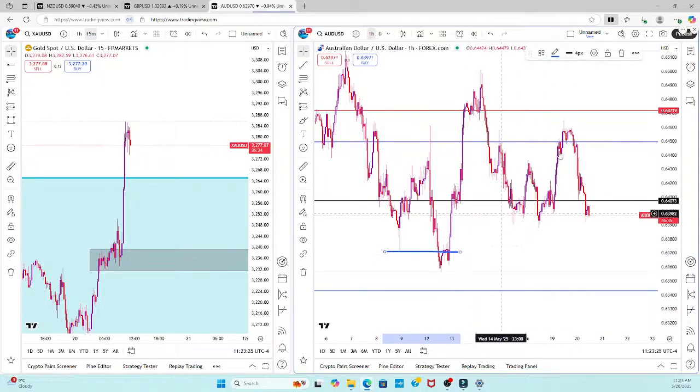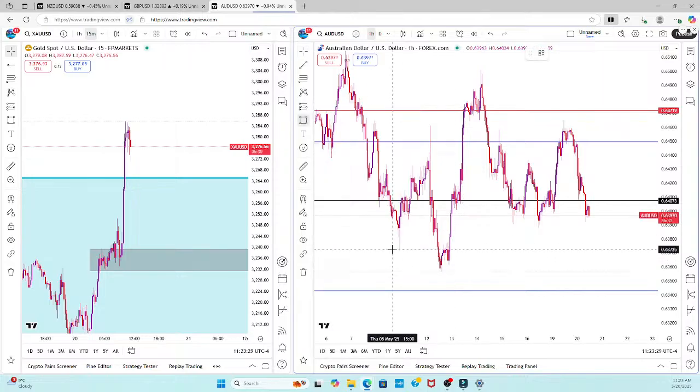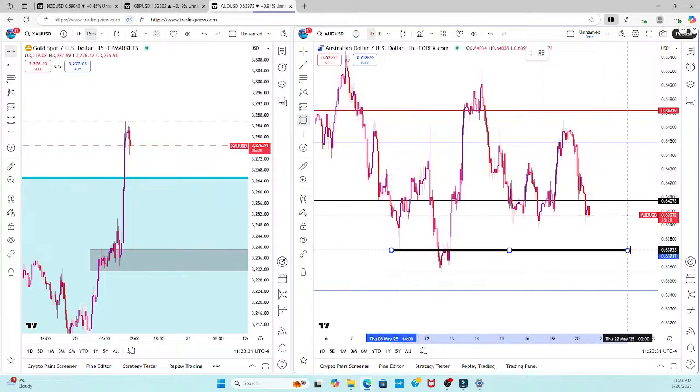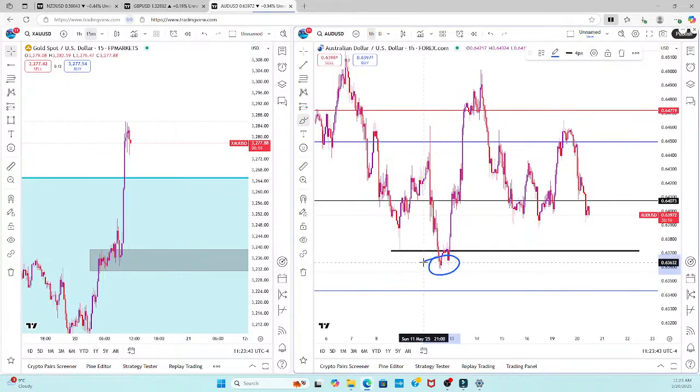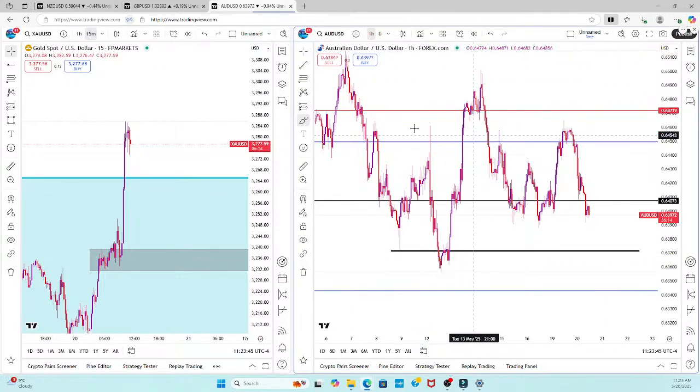Let me mark this somewhere. So the current low for this downtrend is right over here. Okay, so this is the current low.